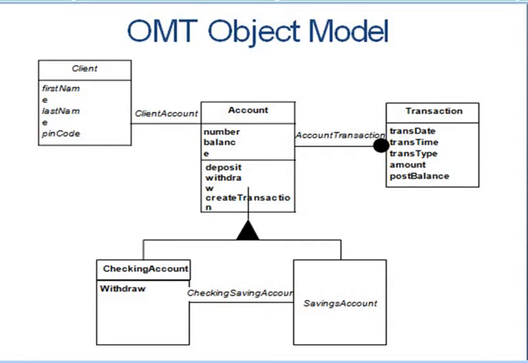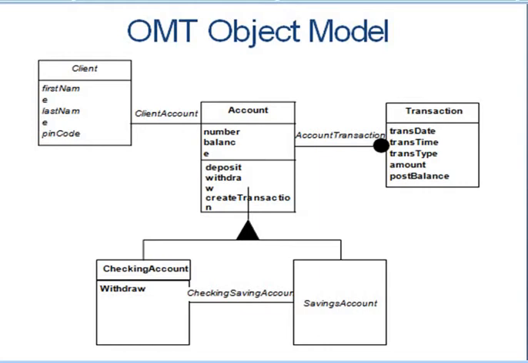This is the object model of a bank system in the object modeling technique. The boxes represent classes and the filled triangle represents specialization. The association between account and transaction is one to many, as shown in the figure. One account can have many transactions. The filled circle represents many, that is zero or more.